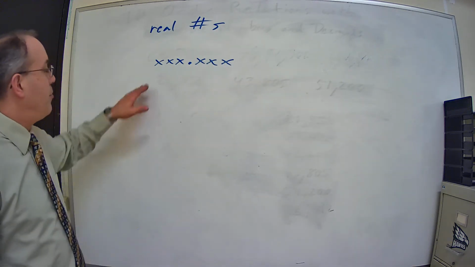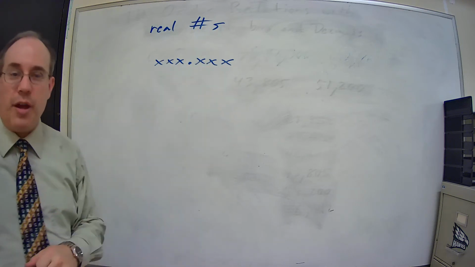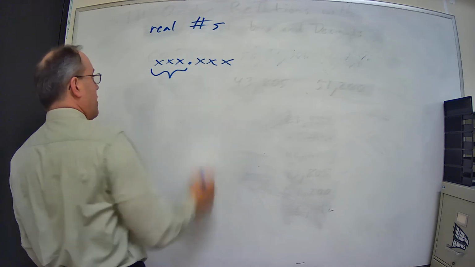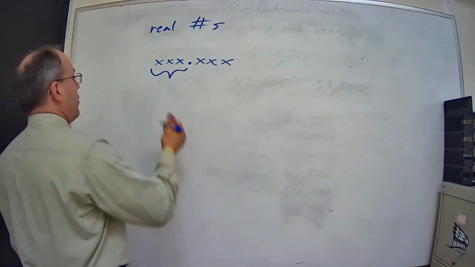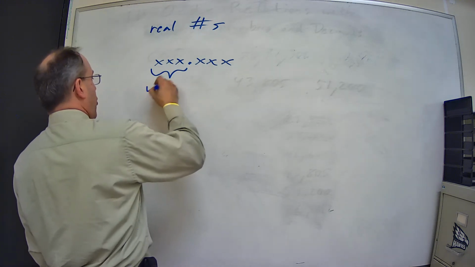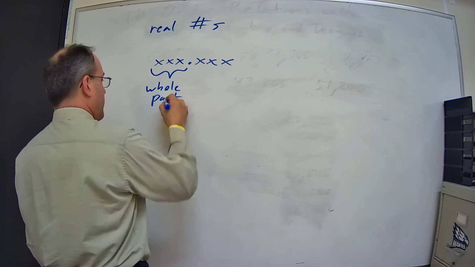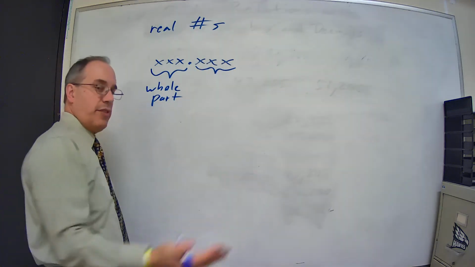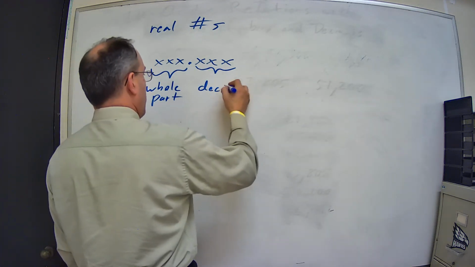So if I have a bunch of x's here, so numbers, a decimal point, and then some more numbers, this part to the left of the decimal point, or before the decimal point, is considered the whole part. The whole part of the number. This number to the right of the decimal point, or after the decimal point, is known as the decimal part.